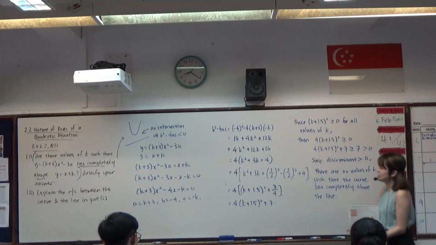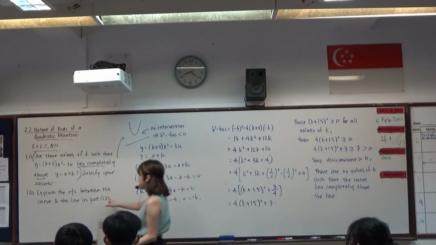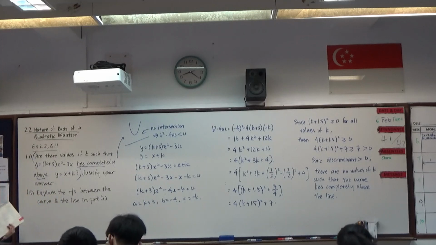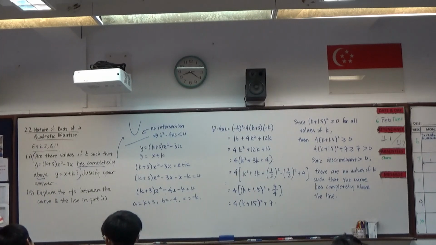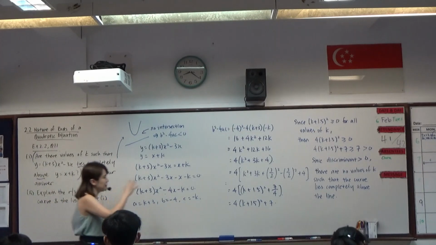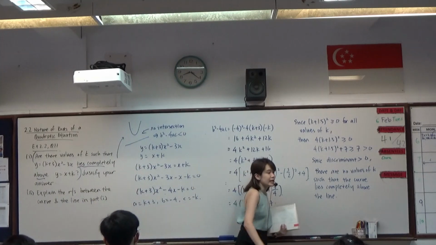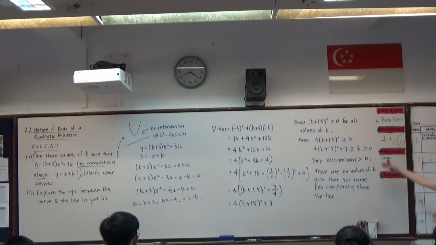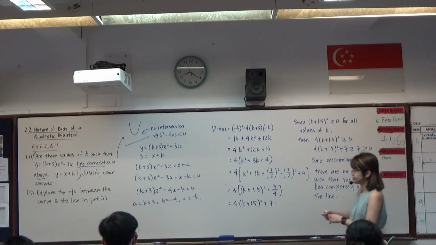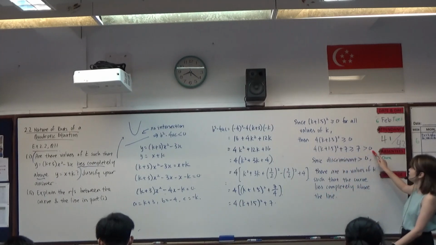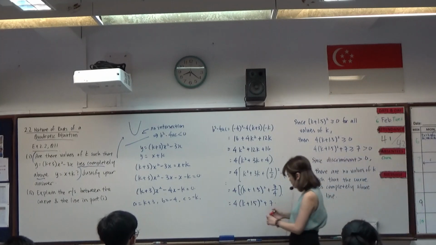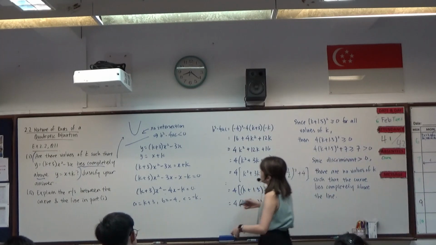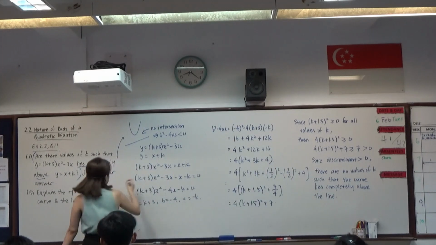Okay, then we finish our part 2. Explain the relationship between the curve and the line. When they ask for the relationship, they are actually asking how the curve and the line interact, meaning how many intersection points there are. Based on what we have already done, what can we say about the number of intersection points? There will be 2 because the discriminant is more than 0. So I'll add it over here.